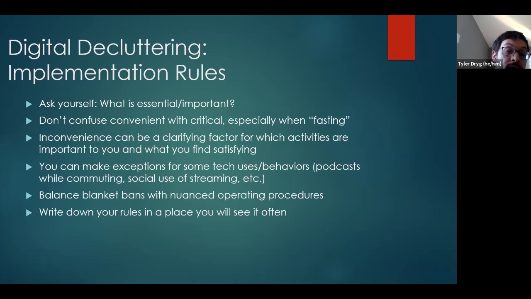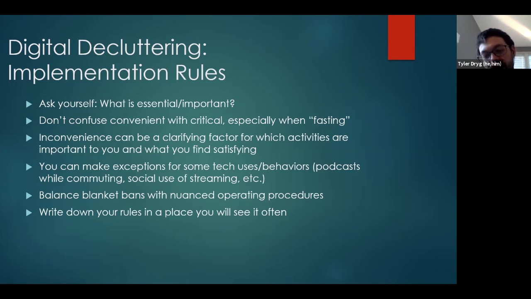So again, going along with that example of the Facebook links, Newport really likes nuanced operating procedures. So maybe you only listen to podcasts while you're commuting or doing the dishes, but not just in your idle time.